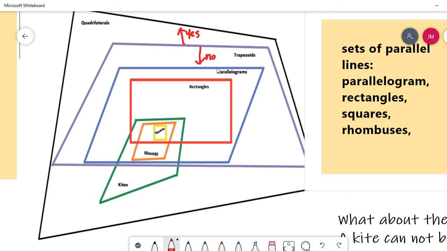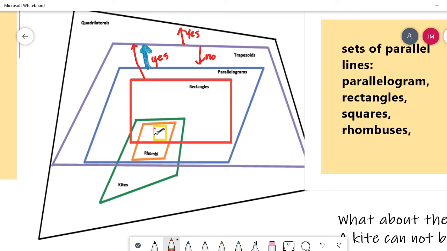Okay. Now, can a parallelogram be a trapezoid? And the answer is yes. And why is yes? Because to be a trapezoid, you only need one set of parallel lines.